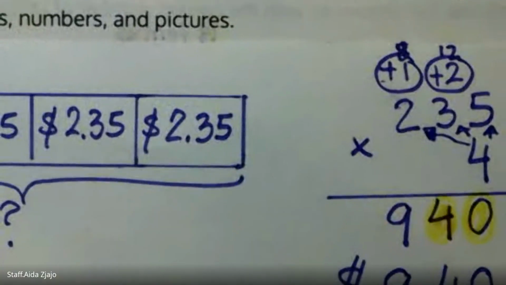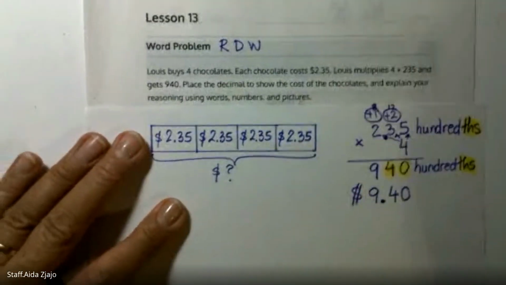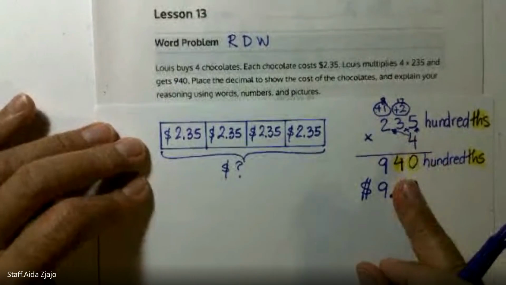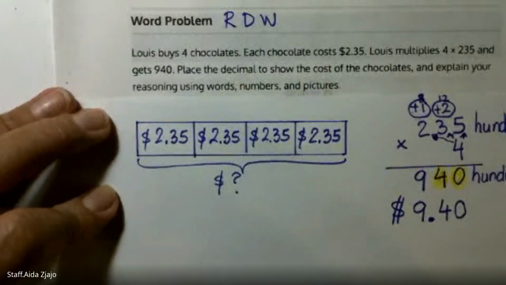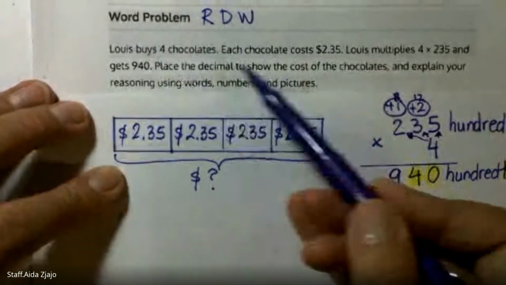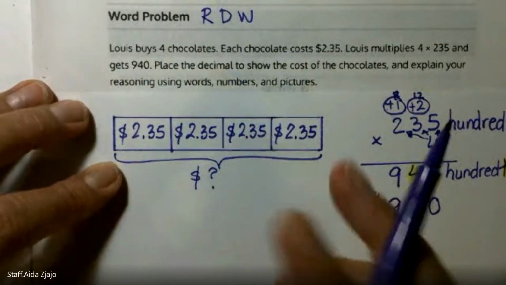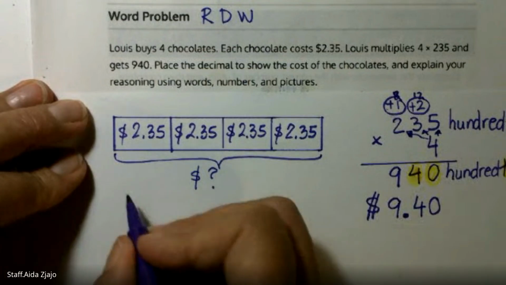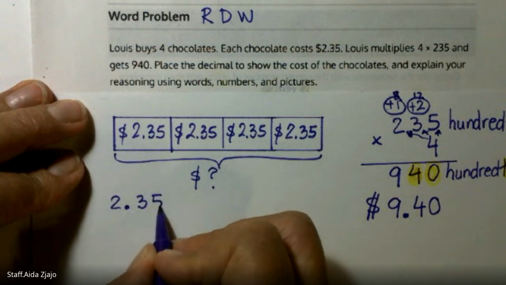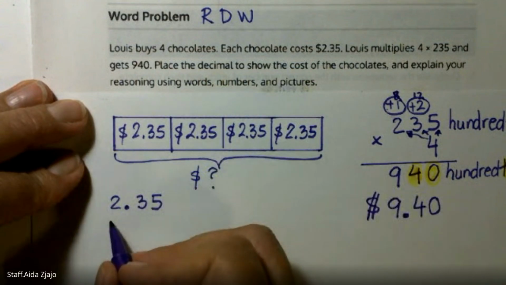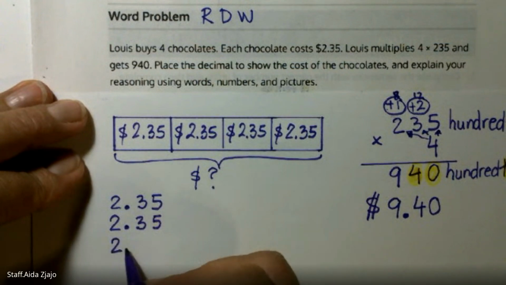But I also would like to check, what if you need to solve it and you don't know multiplication? It's okay. You just need to understand that he bought 4 chocolates. Each chocolate is that much money, so you can just add $2.35 four times. So let's see if we're going to get the same answer.